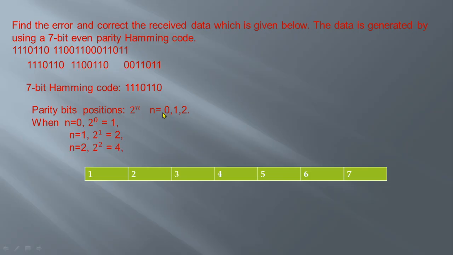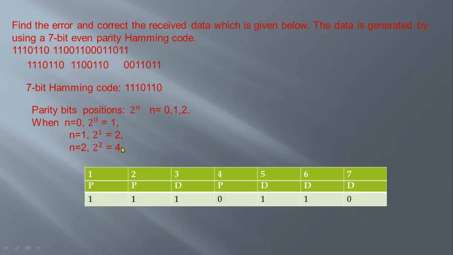When n equals 0, 2 power 0 equals 1; when n equals 1, 2 power 1 equals 2; when n equals 2, 2 power 2 equals 4. So the parity bits are added in the first, second and fourth positions. These are the parity bits and the remaining are the data bits.